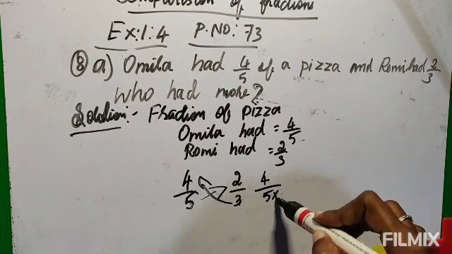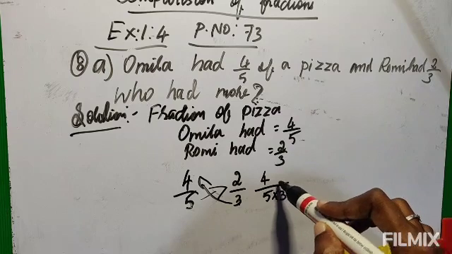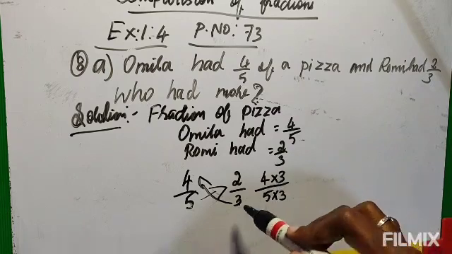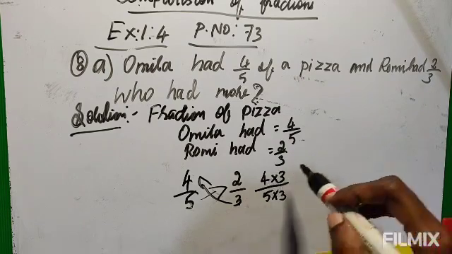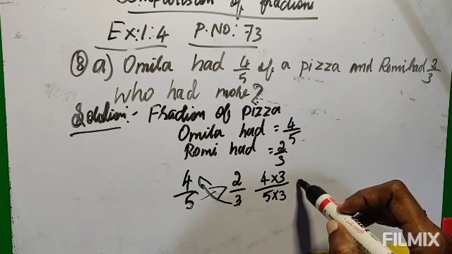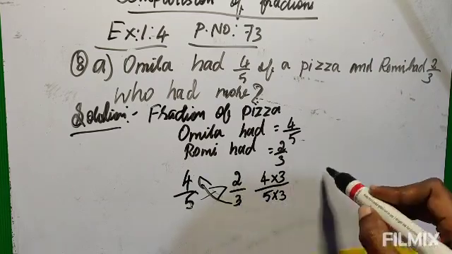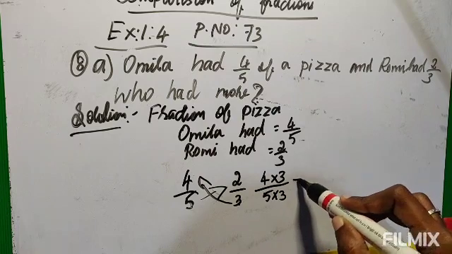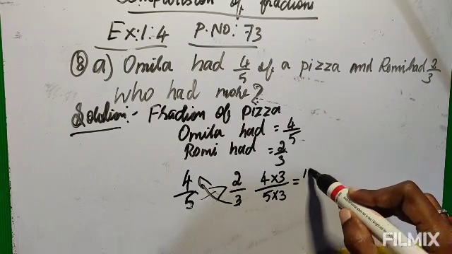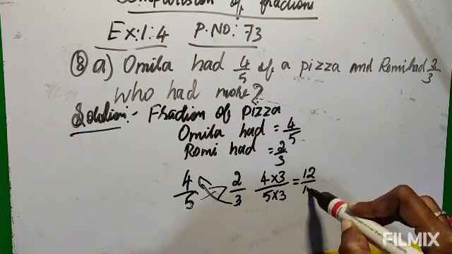When you multiply the denominator, you have to multiply the numerator also, then only the value will not be changed. So 4 3s are 12, 5 3s are 15.